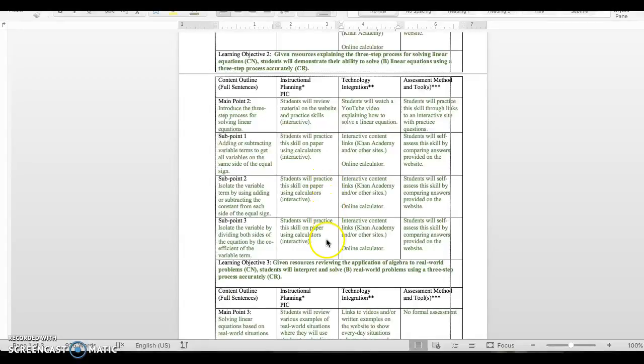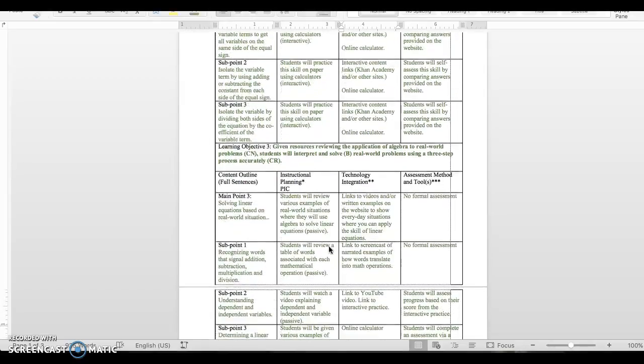There's a lot of practice of the skills, not a lot of creativeness, but definitely interactive components to this skill. And again, for assessments, students will self-assess their skill by comparing their answers in their practice problems.